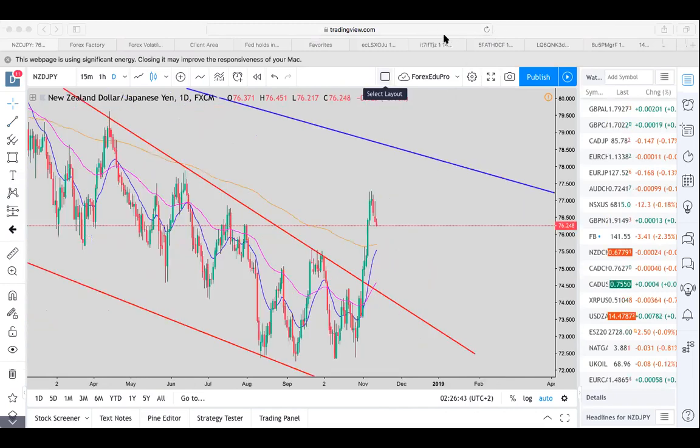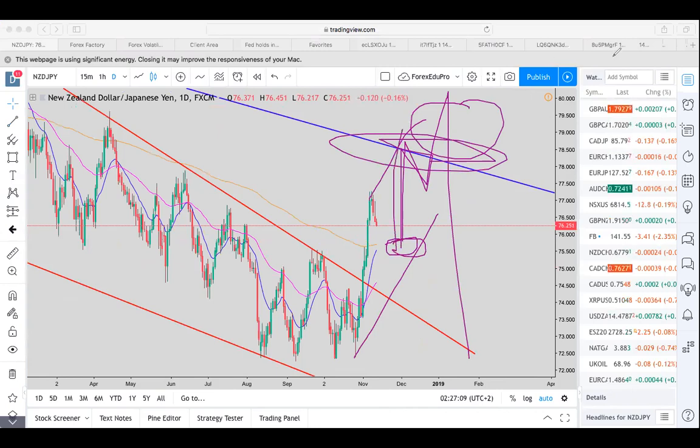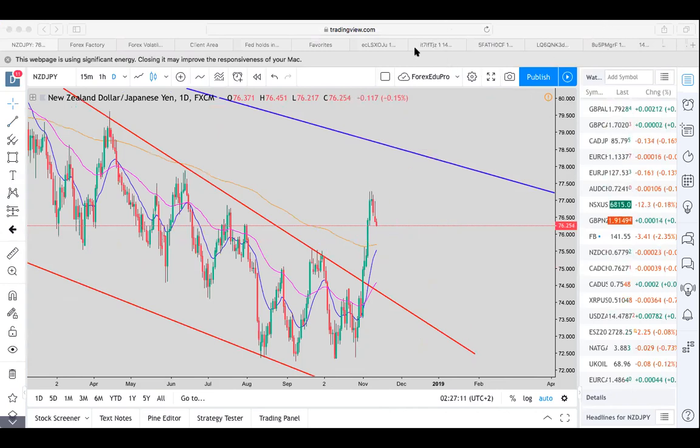I want to take the higher low. False break. Or up here, I really don't care what happens here. I want to take it from here to there. It's very simple. From here to there. Very simple.